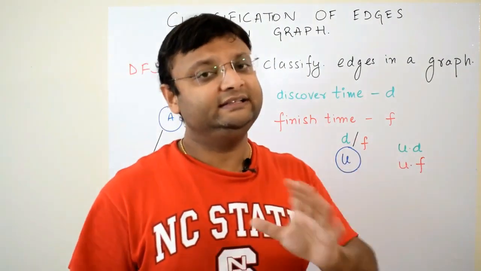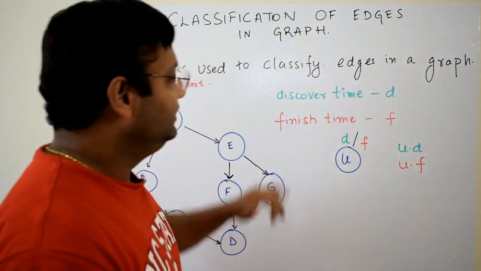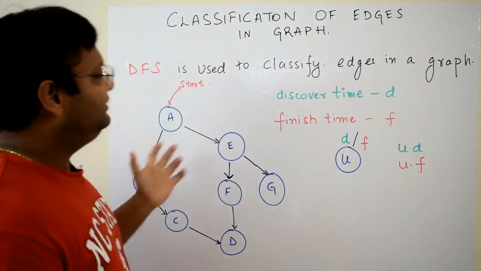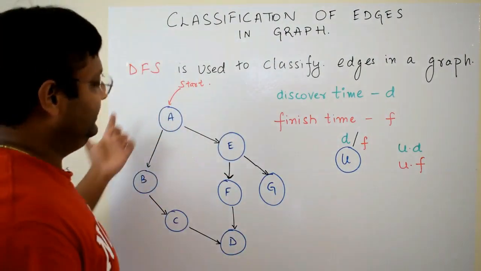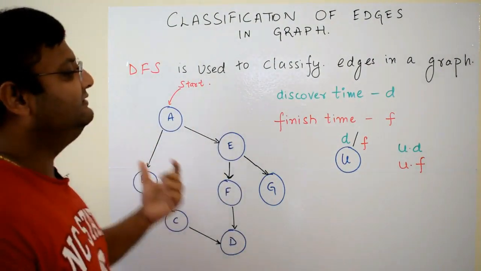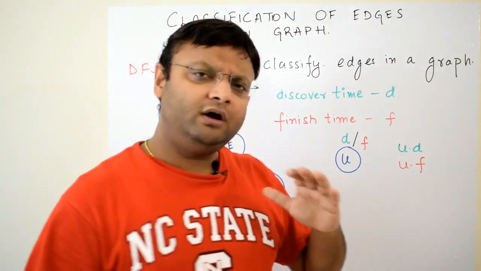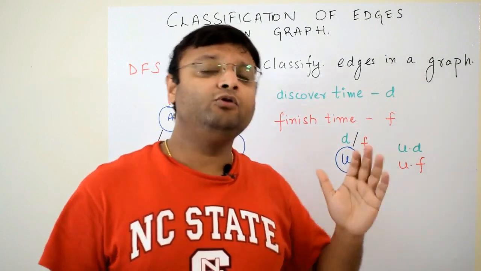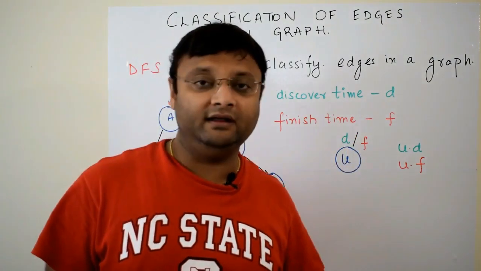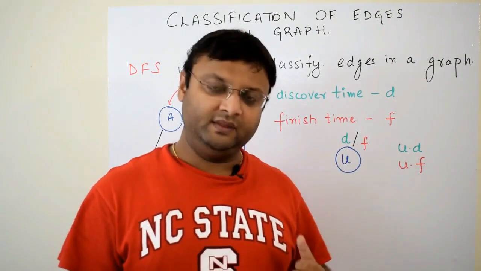Now what are these times? As we have seen, we are now very familiar with how DFS works, so I'll take an example to help you understand what the discover and finish time are. By definition, the discover time is the time the node or vertex is discovered for the very first time, right?